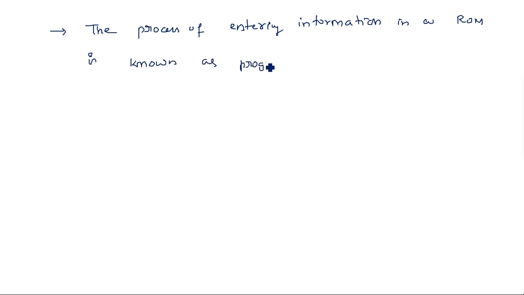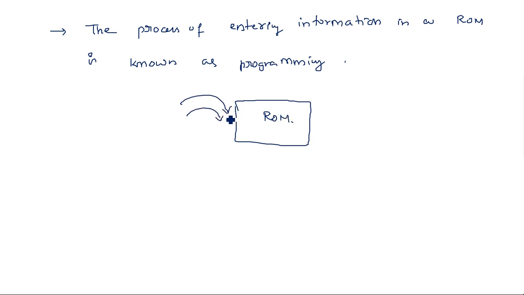Programming is nothing but writing of data. Suppose this is the ROM, and we are writing some data. This particular writing of data is your programming, the way the data is entered into the ROM.